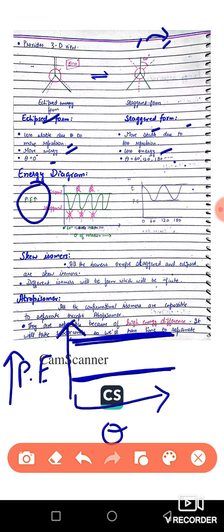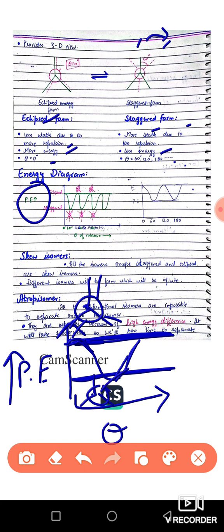First the eclipse form is going to form, and after the eclipse form there is the staggered form. The staggered form is formed due to rotation. This is the eclipse form, and whenever we come here, there is the staggered form, and the staggered form is like this.